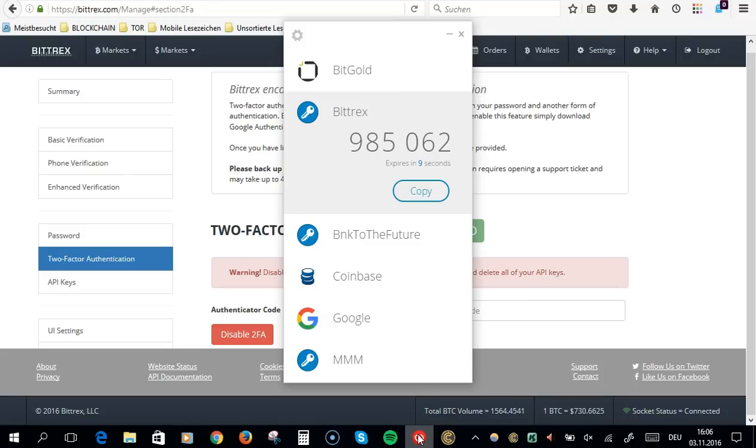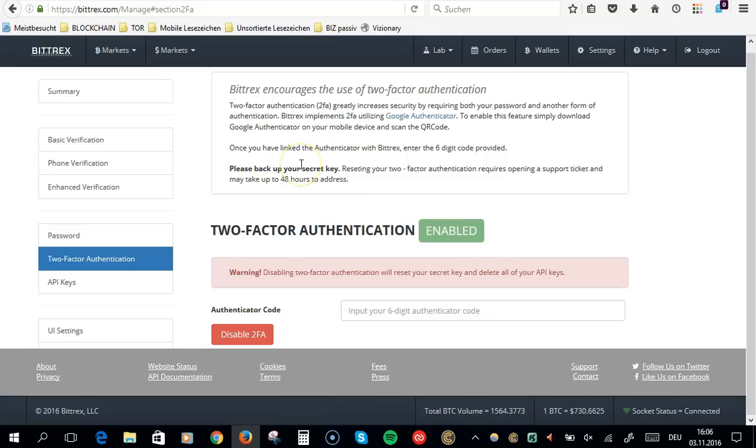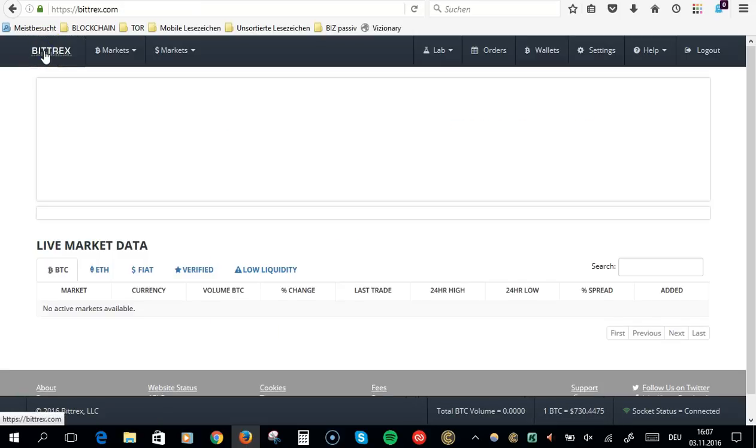It's also an app for your phone, and it adds a second layer of security.